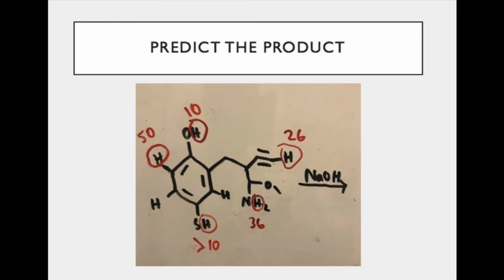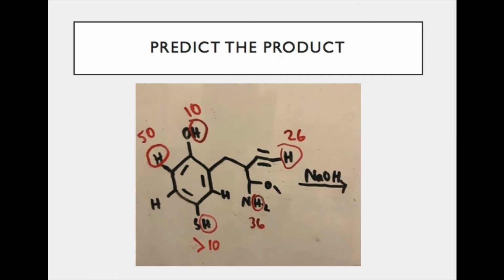Remember from the pKa chart that your primary alcohols are going to have higher pKa values than your primary thiols. And that's just a property that you have to remember. So you would know from this information that the SH is going to be the species that's donating the proton.